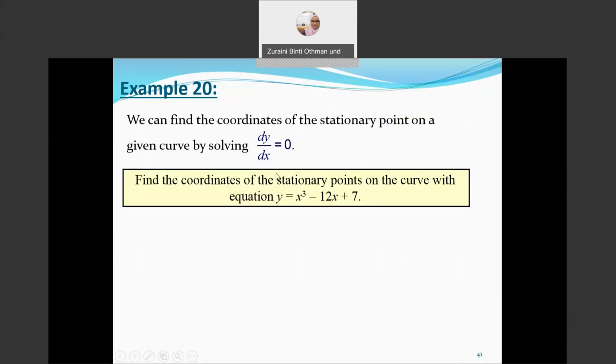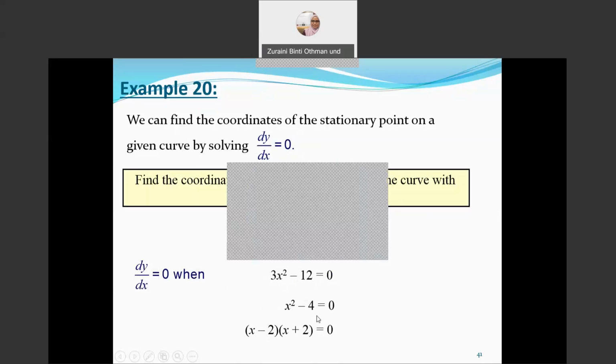Kita kena cari dy over dx, pembezaan pertama, then we equal it into 0. Kita samakan dengan kosong, then we find the value of x. So the x tu ialah where the stationary point exists. Okay, so x kat sini kan sama dengan kosong, so kita selesaikan untuk x ni, kita dapat x tolak 2, x tambah 2. So we have the 2 point of x here.